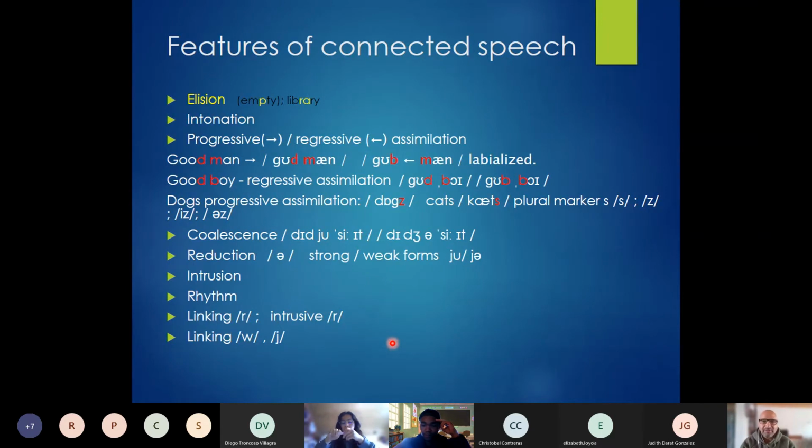But if we don't use them, we can still communicate, because content words are the ones with heavy shoulders. Content words are promoting the communication.